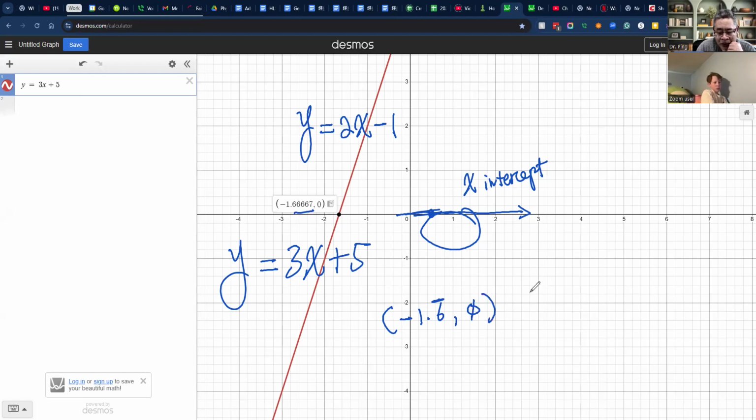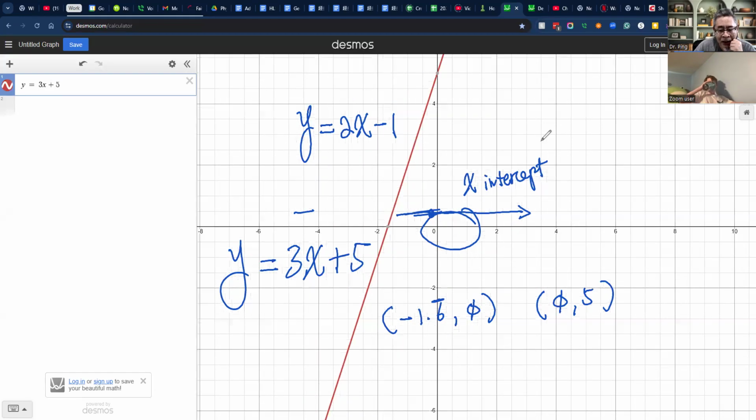The next one will be 0, comma 5. If you zoom out a little bit, you can see the point is 0 comma 5. That's why we call this a slope-intercept function, because this number is the y-intercept.